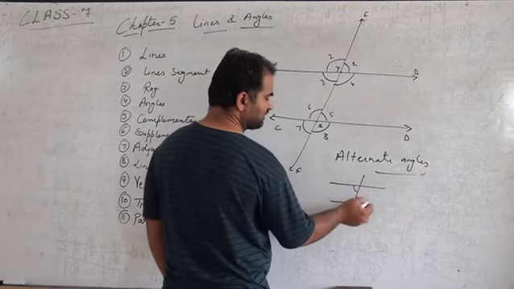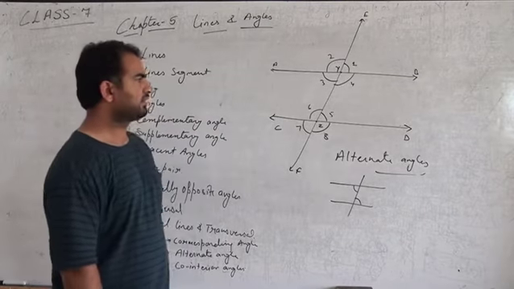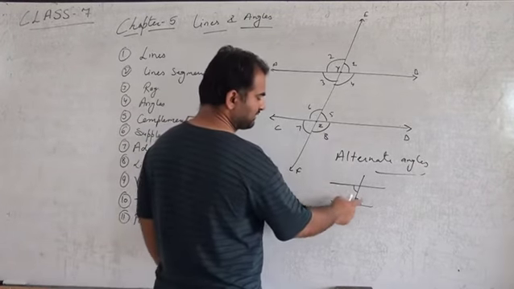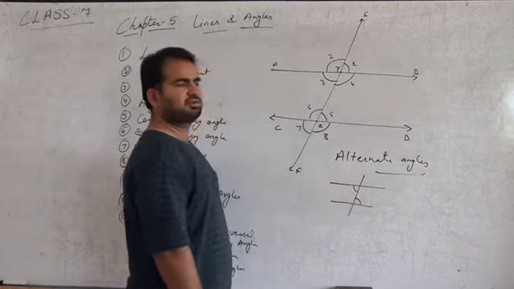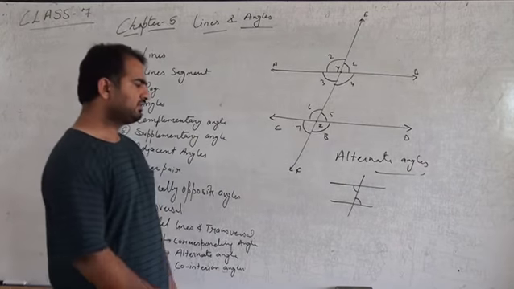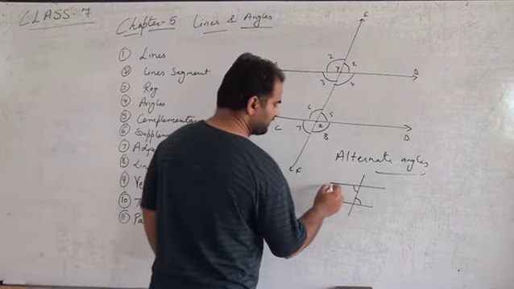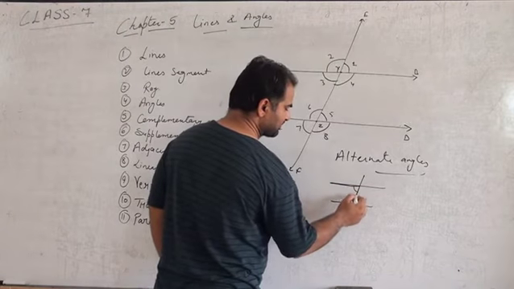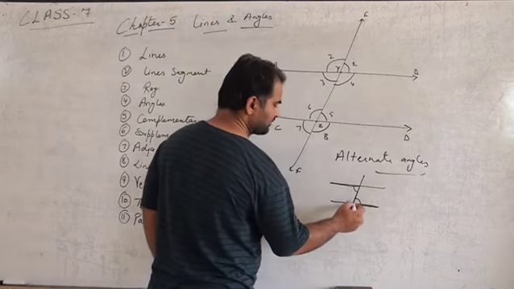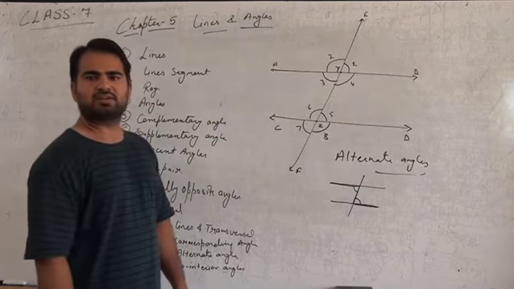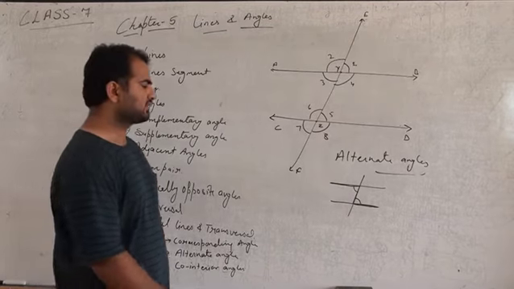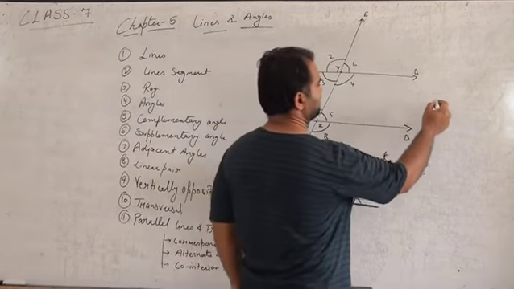These two angles are alternate angles. These two angles are also alternate angles. Okay. Or we can easily see them: they always make a Z-like structure, like this.